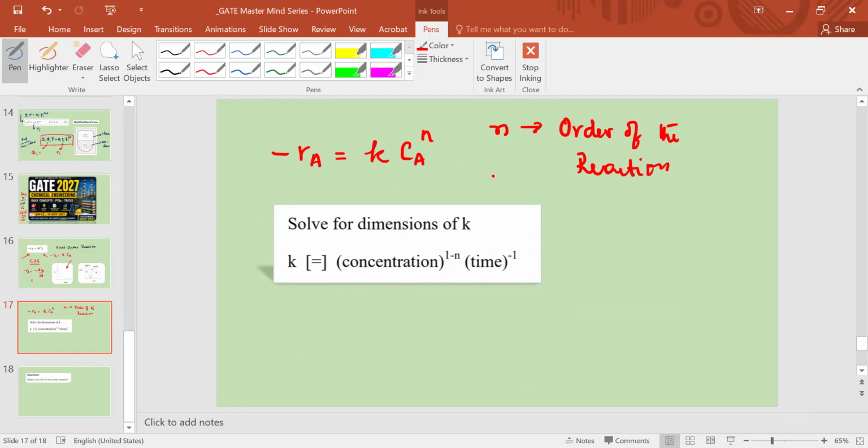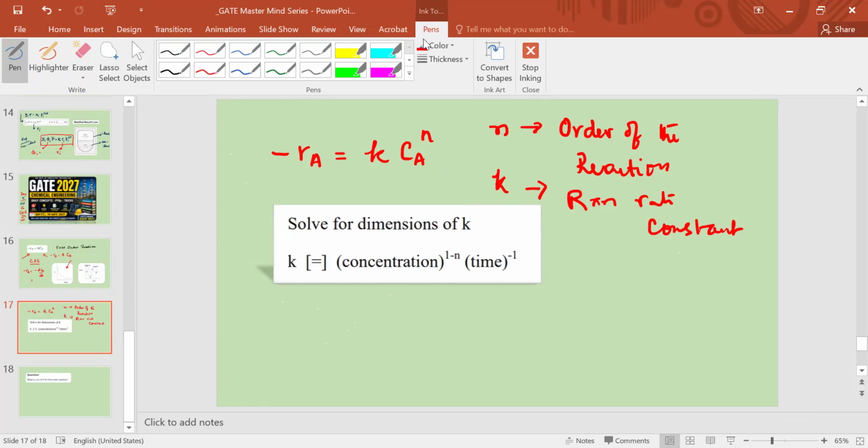Can you tell me what k denotes? k denotes the reaction rate constant. Now, what is the unit of k? The units of k are concentration power 1 minus n over time power minus 1.